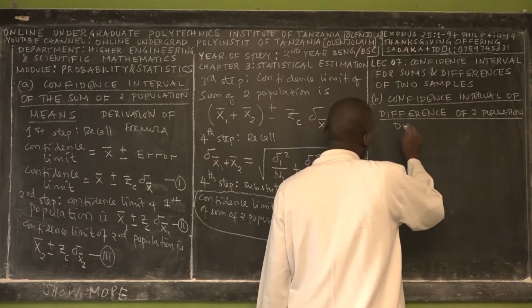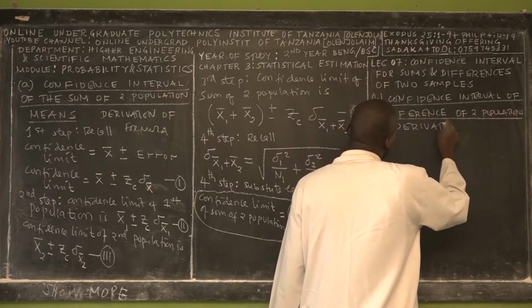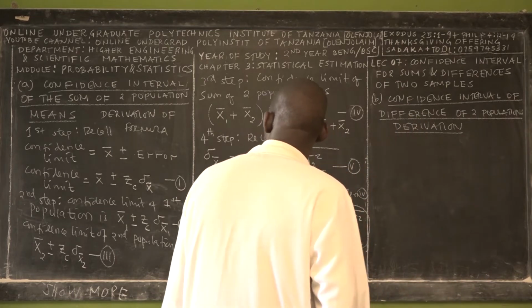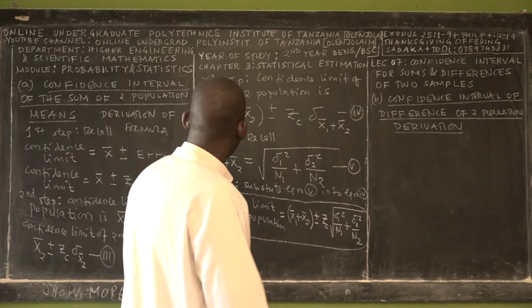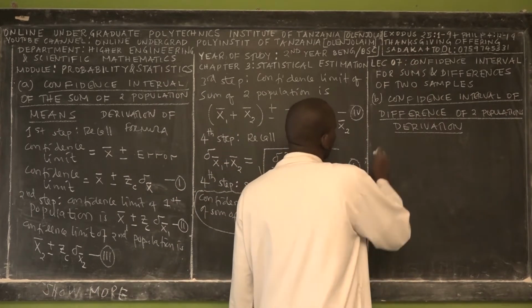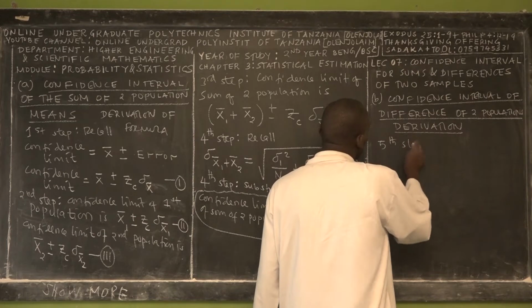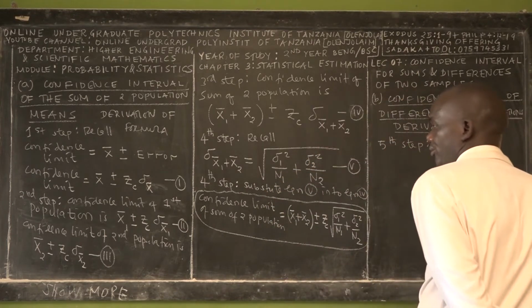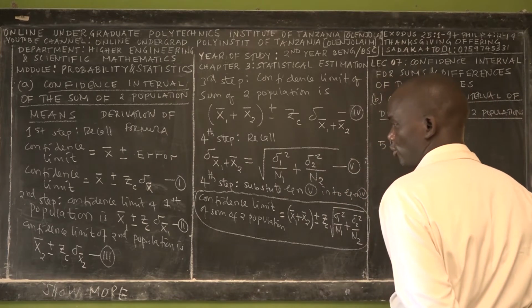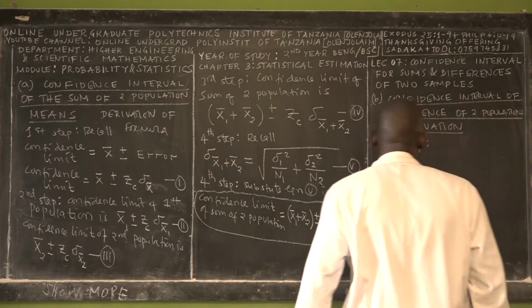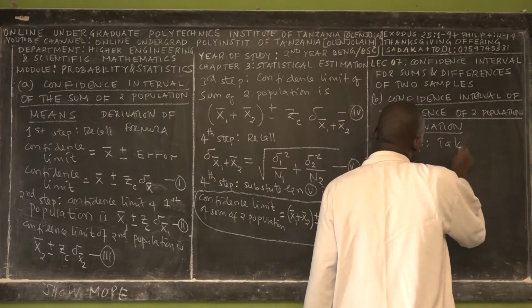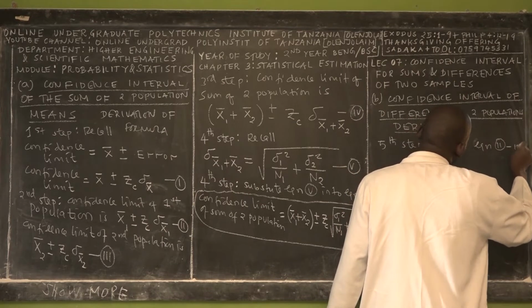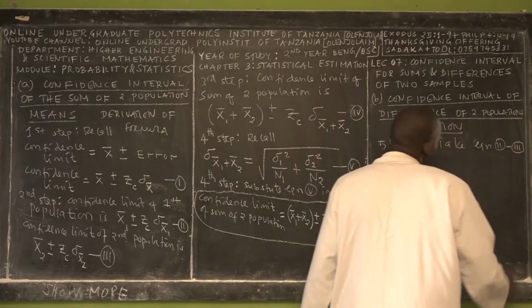So the derivation. We have to continue with the first step. We can take equation 2 minus equation 3, or equation 3 minus equation 2.